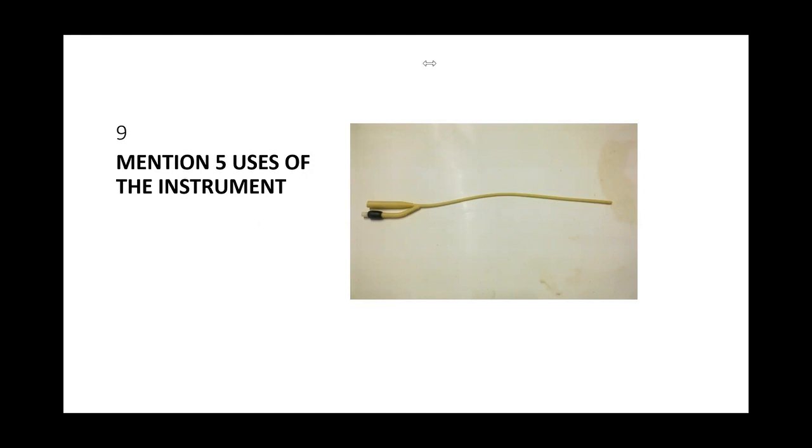Four, during prostatectomy, you want to use it to tamponade the prostatic fossa, filling the balloon with water to tamponade after enucleating the prostate. You can also use it as a drain, either open or closed when you connect it to a collecting bag.